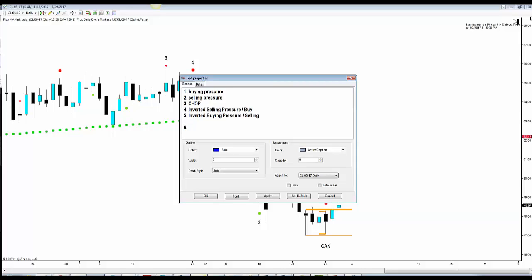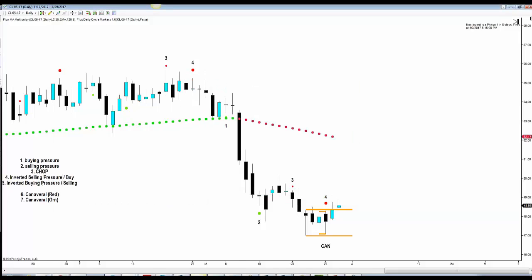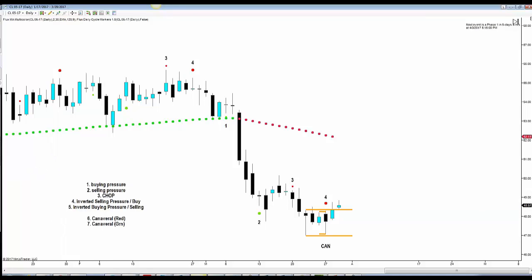Well, there are 2 more. There's the Canaveral for red dots, and then there's the Canaveral for green dots. And again, these are patterns that I've been learning since we started up this company, and I learned progressively.